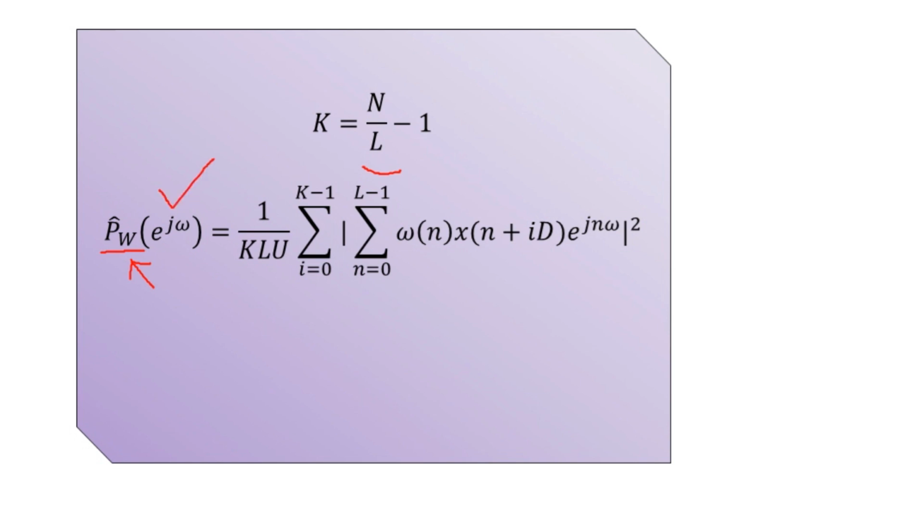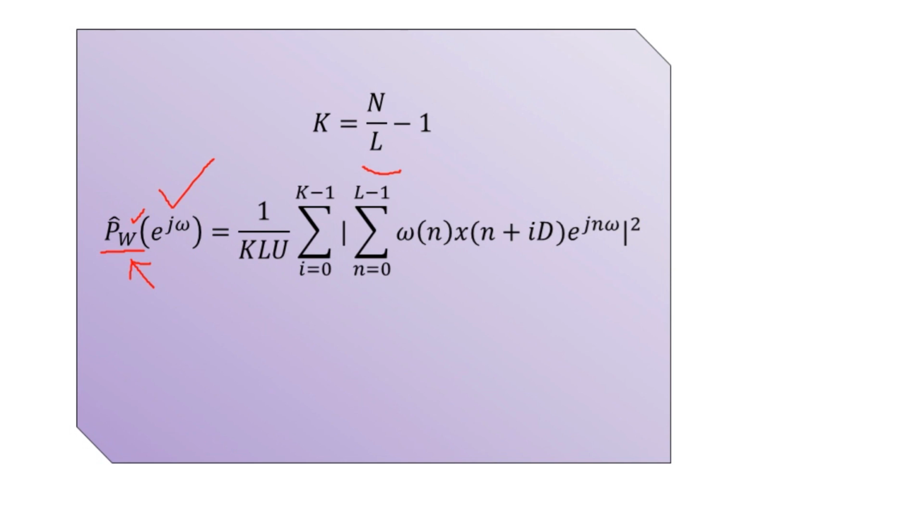For the modified periodogram, the suffix is capital M. For Bartlett's method, the suffix is capital B. Here it is W for Welch's method.